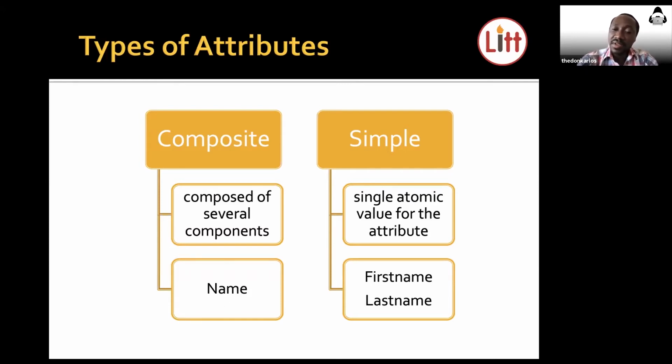But when you are transferring it into the database, it's necessary to break it down into single or simple atomic values. For relational databases, that is one of the requirements. If you don't do that, your database would not meet the normalization requirements. So it's very necessary for the relational databases.